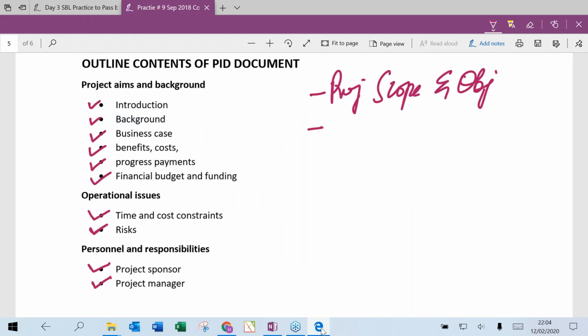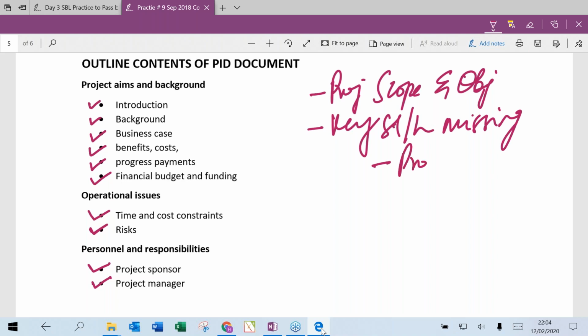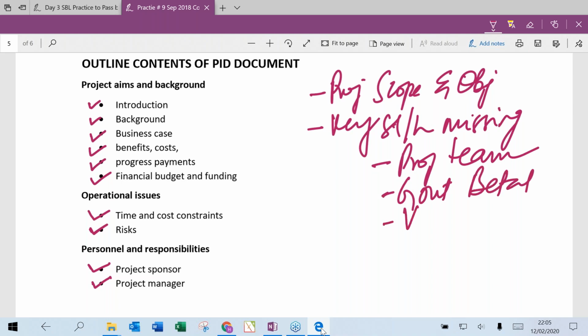So we will say key stakeholders missing. For example, project team. For example, the government of Beetle. For example, the villagers or society. Also, I think our board of directors, because it is one of the biggest.